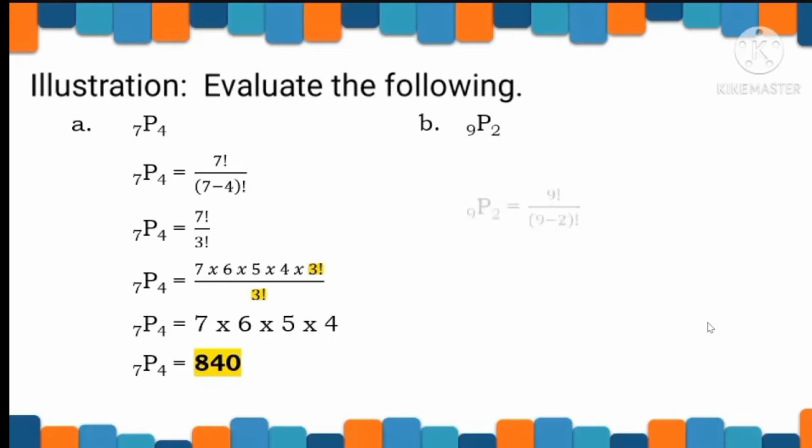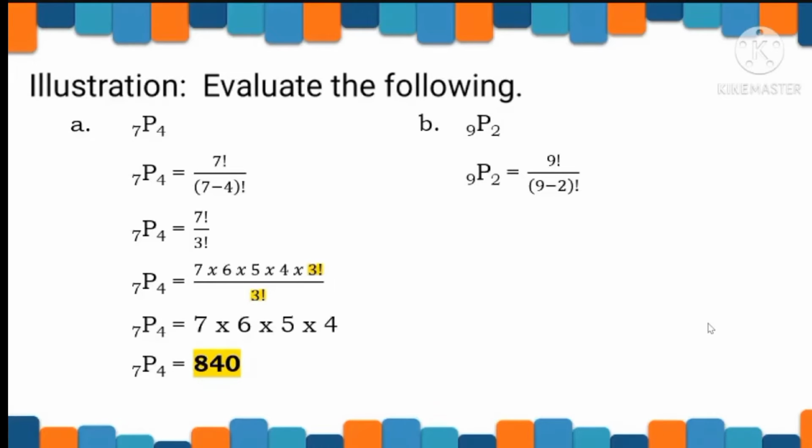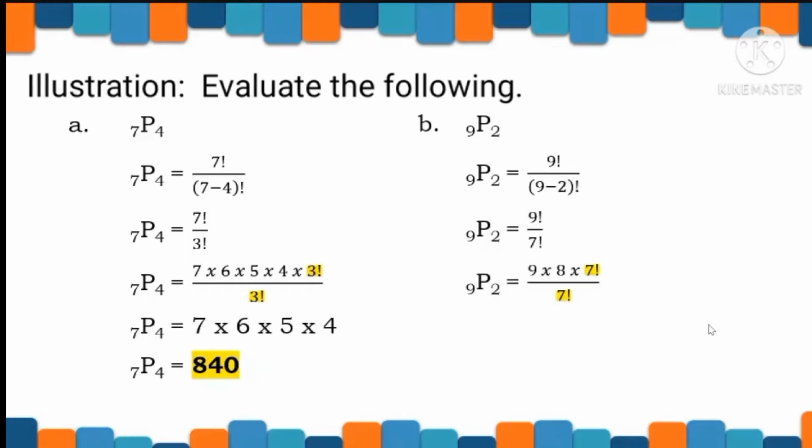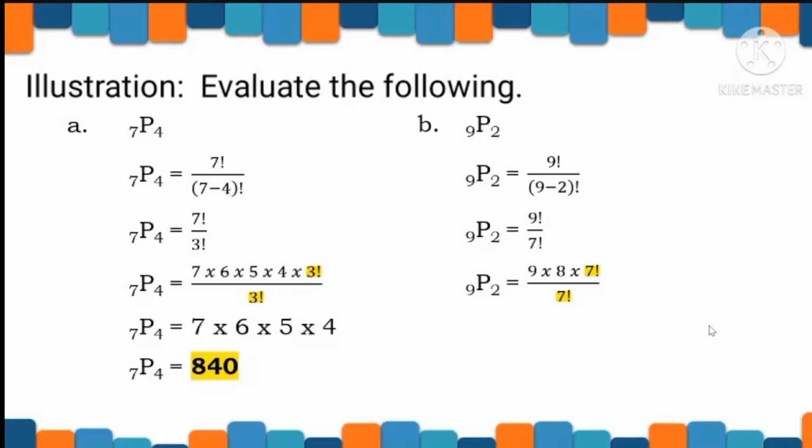Let us have another example. Permutation of 9 taken 2 at a time is equal to 9 factorial all over 9 minus 2 factorial, which is equal to 9 factorial all over 7 factorial, which is equal to 9 times 8 times 7 factorial all over 7 factorial.